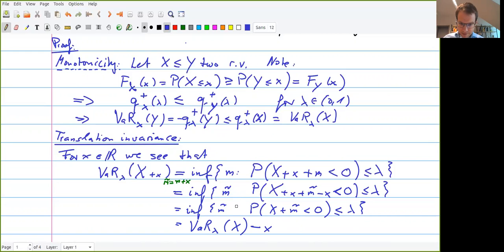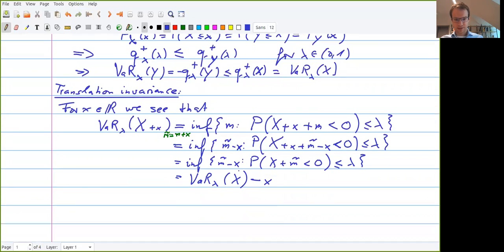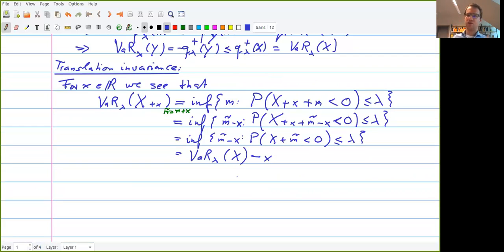If I have my minus on the right, so if my m tilde is x plus m, I can subtract the x here as well, and then we get what we wanted. So this was not wrong, but you can always shift it. Okay. So we know now that the value at risk is indeed a monetary risk measure.